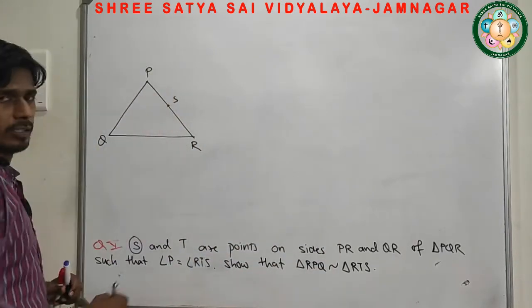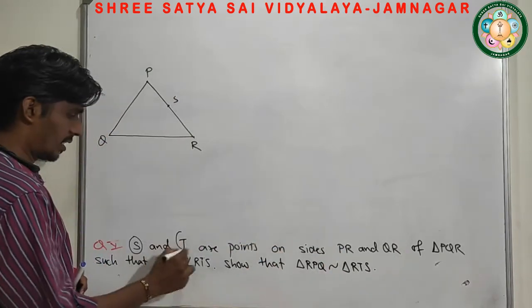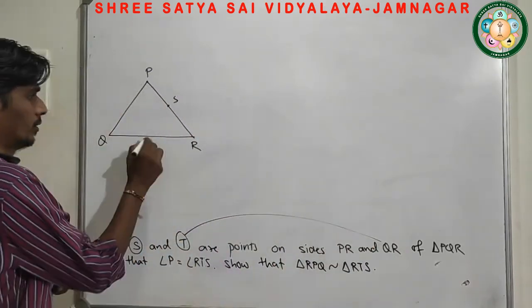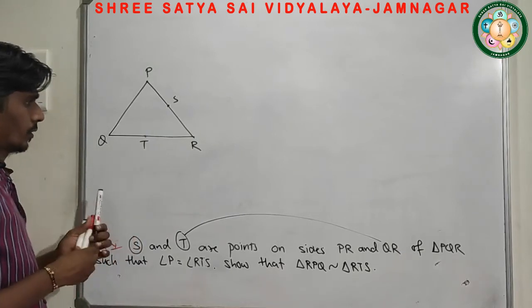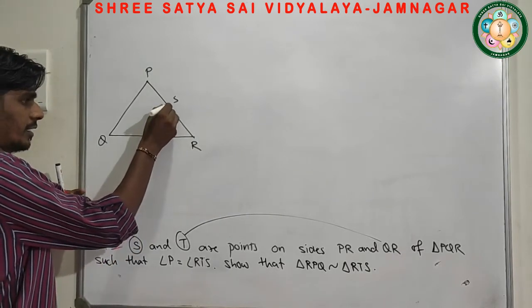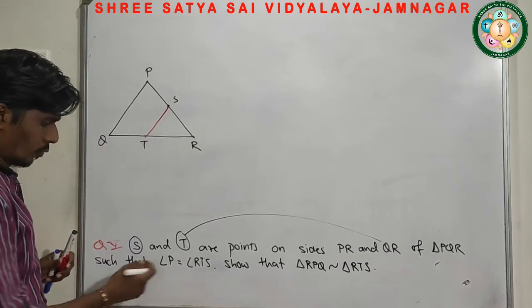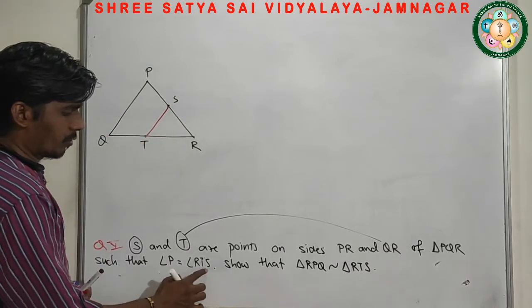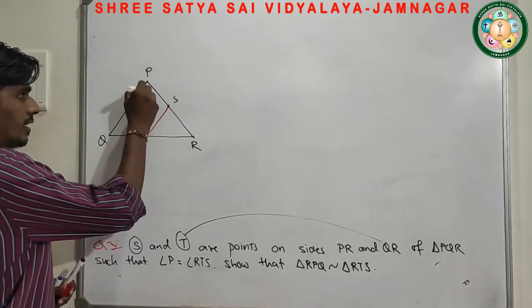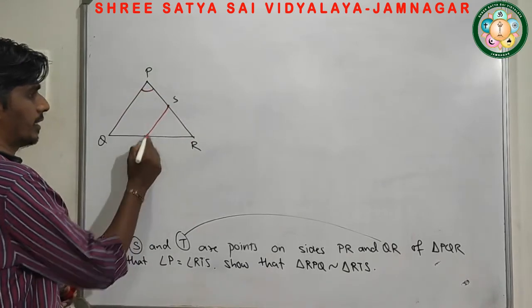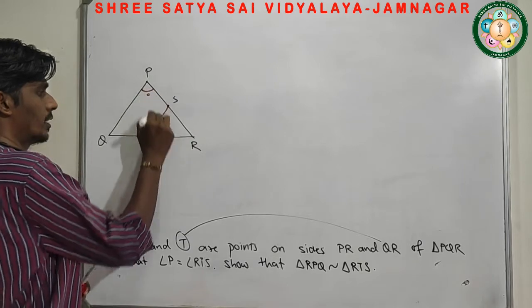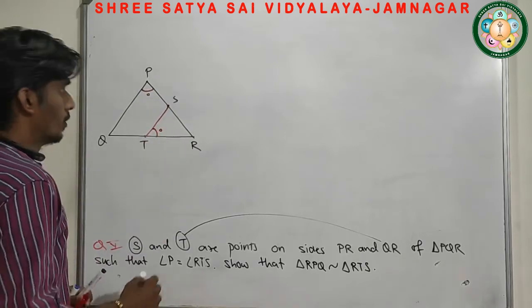So S point is on PR and this T point is on QR. Let's join this ST. Now, one more thing is given. Angle P is equal to angle RTS. These two angles are equal.